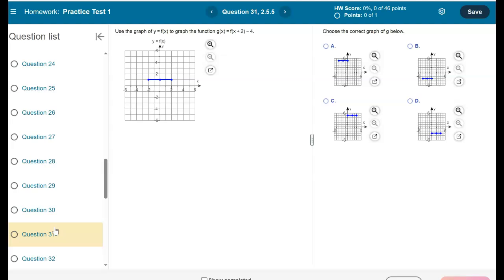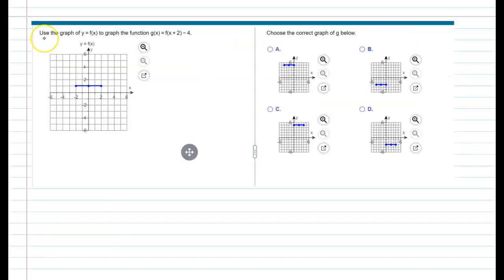So in this next example, given the graph of f of x, we are to obtain the graph of g of x, and g of x is just equal to f of x plus 2 minus 4. All right, so let's use translation. Now this x plus 2 here, that plus 2 there, that means a change in x.